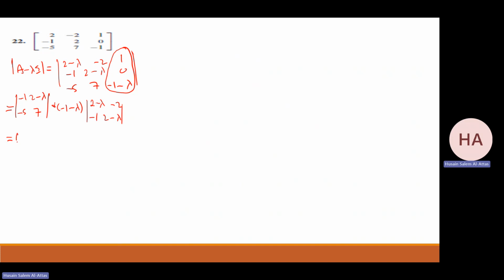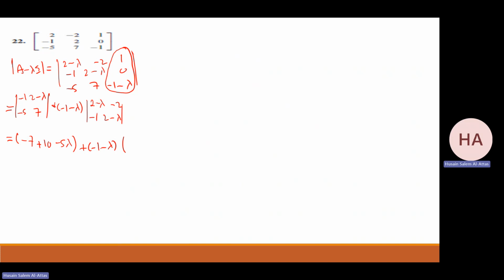Let me do the calculation. I have what? Minus 7 plus 10 plus 5, minus 5 lambda. That's minus, minus, minus, so it will be minus 5 lambda. Okay. Plus minus 1 minus lambda times what? I have here, what is this?